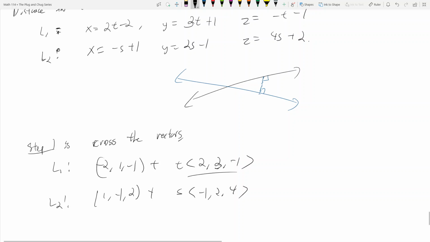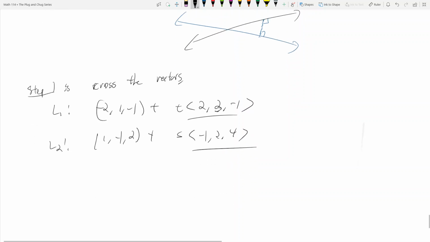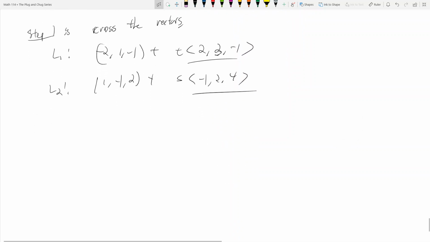Okay, so we got to cross these two guys. And let's say this is v cross w. Let's call it that. So this is v and this w is equal to ijk 2, 3, -1, -1, 2, 4. All right, and that's going to be equal to 14. That's a 2.